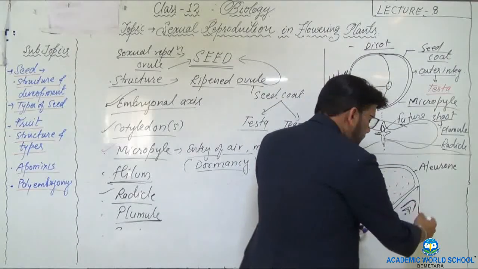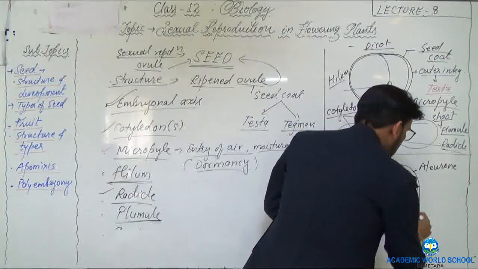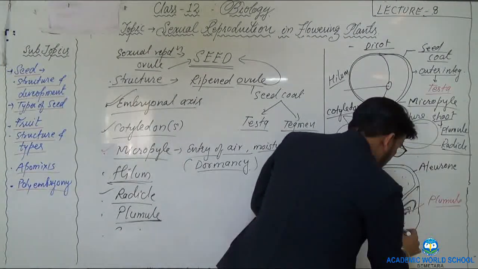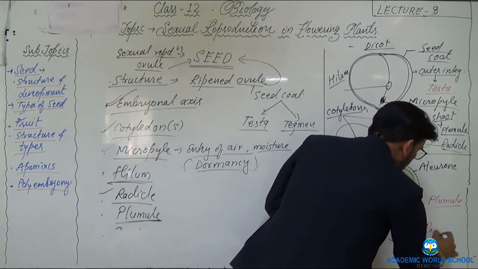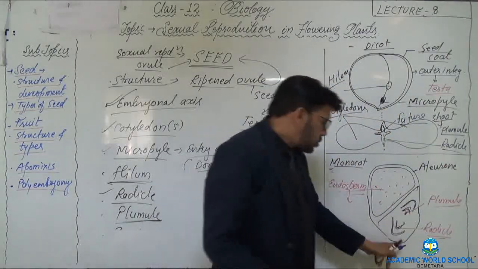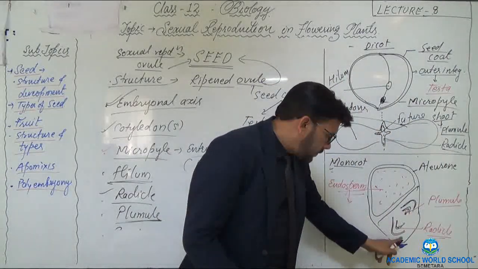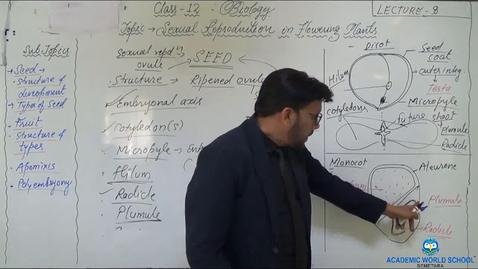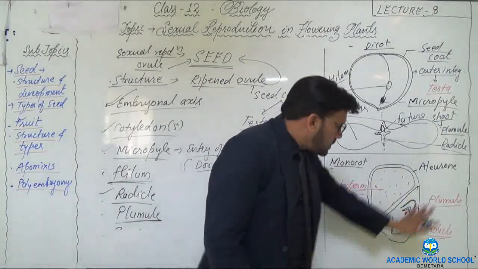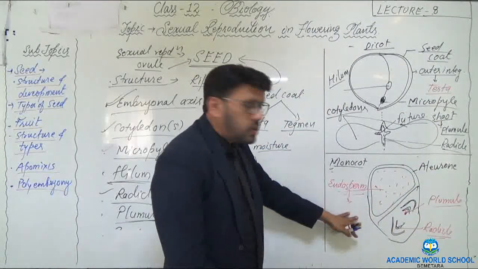Then you can see here, it has the plumule, and then it has the radicle. Below these you can see the coleorhiza, and this is the coleoptile. Yes, so this is the structure of the monocot seed.